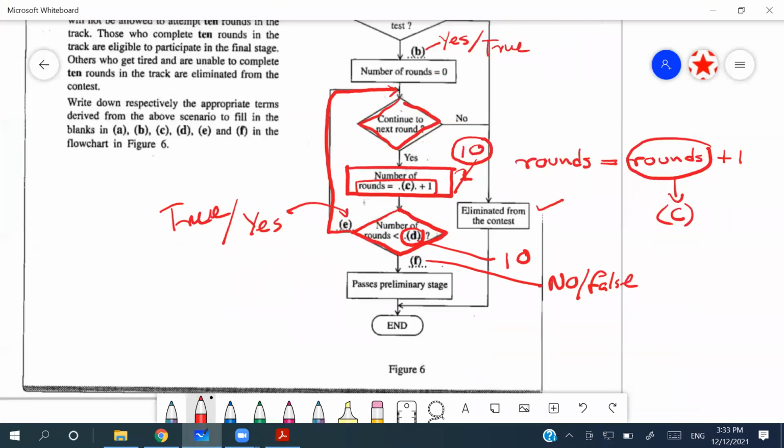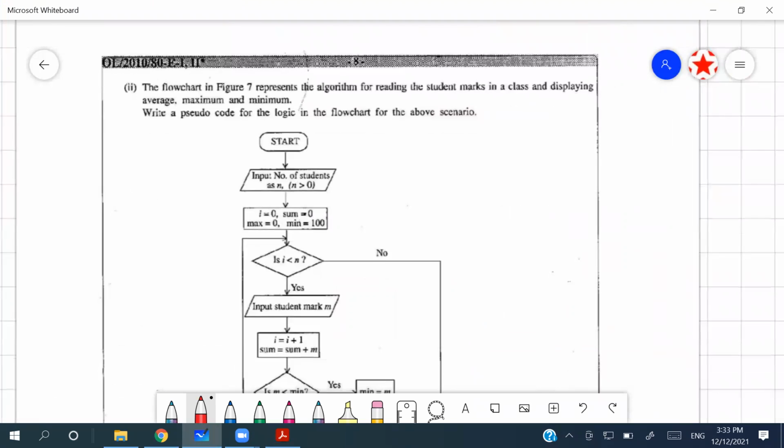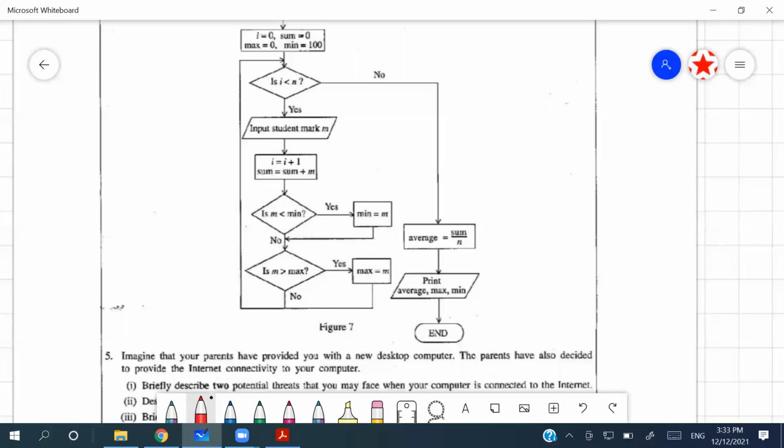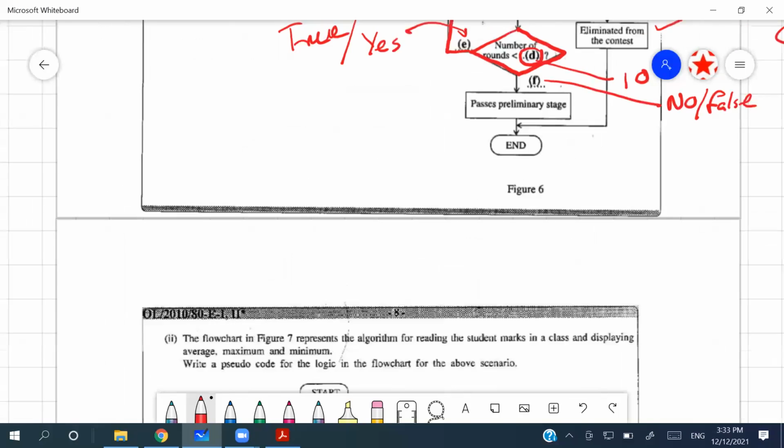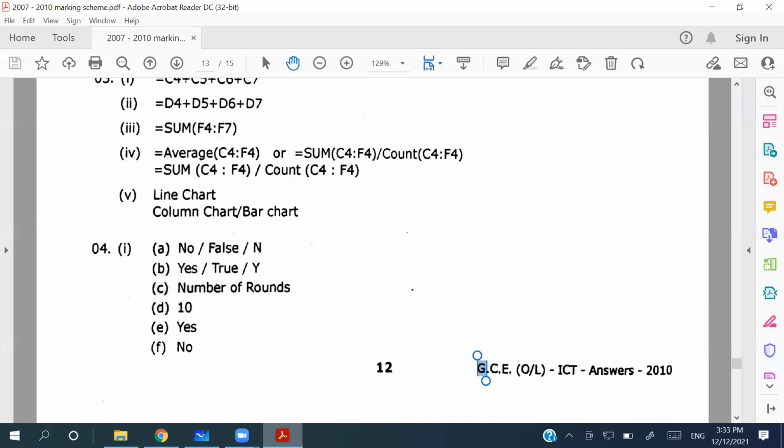Hold on a minute. I need to see the second part. Yeah, for one particular fact, you'll be given 1 mark. So if all the 6 are correct, 6 marks will be given.